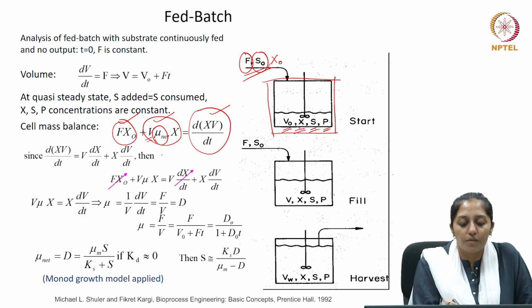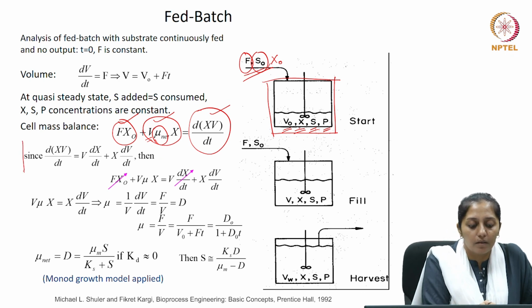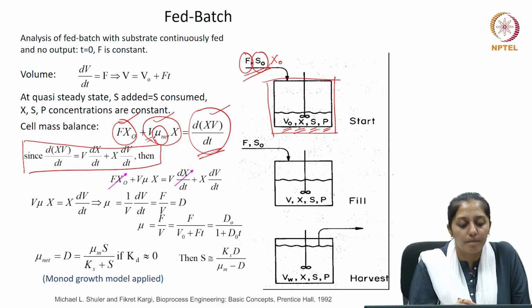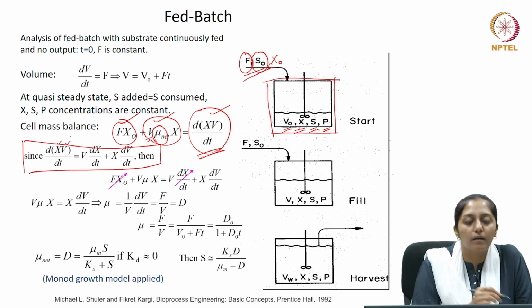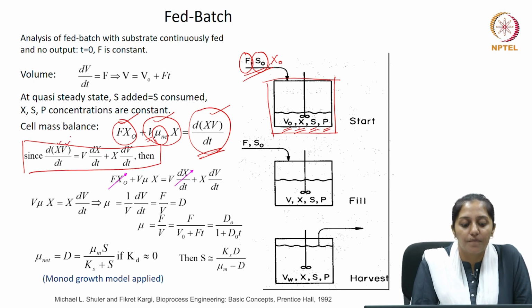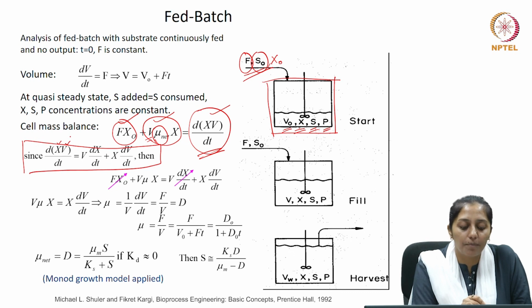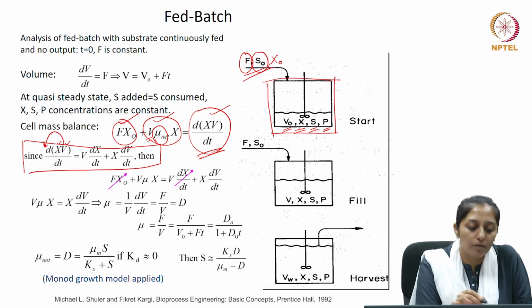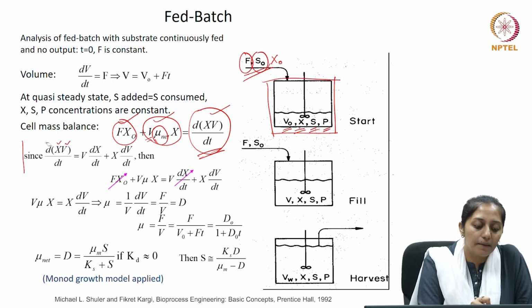Now if you see the expansion of the RHS, because X and V in a fed batch both are variables, we cannot, as in case of a batch, bring V out of the bracket. So we will keep it inside.